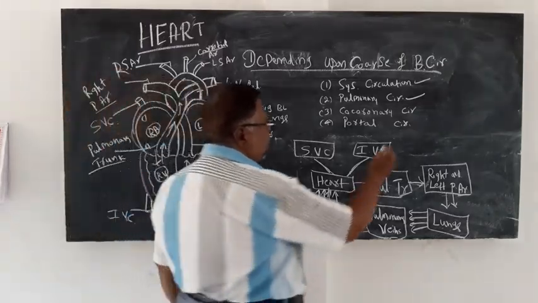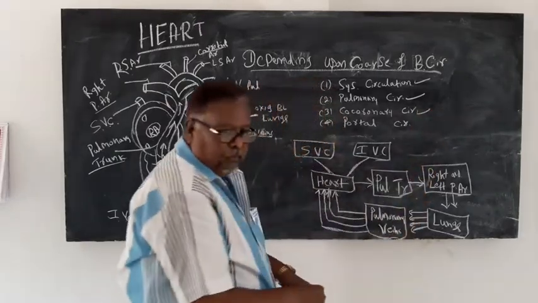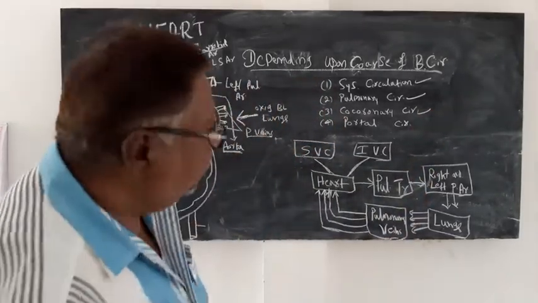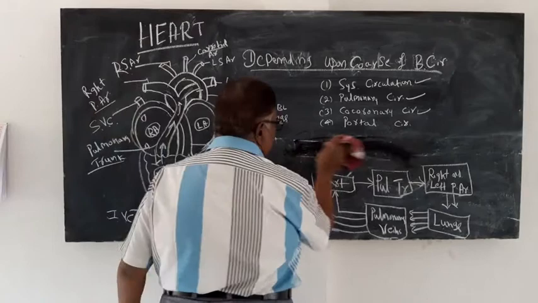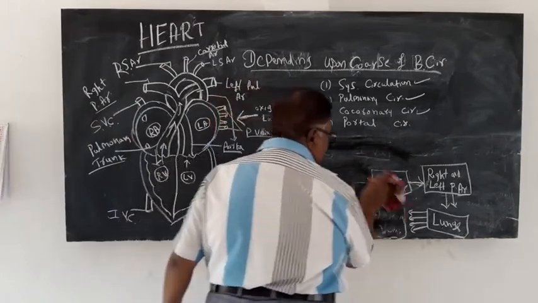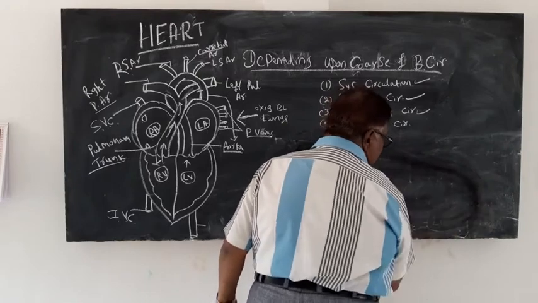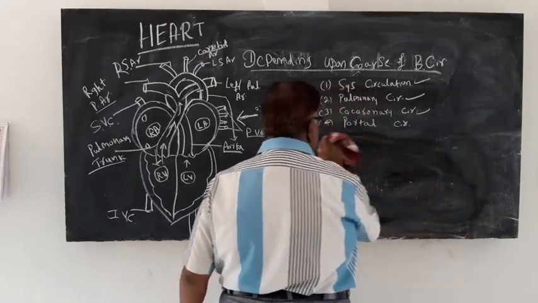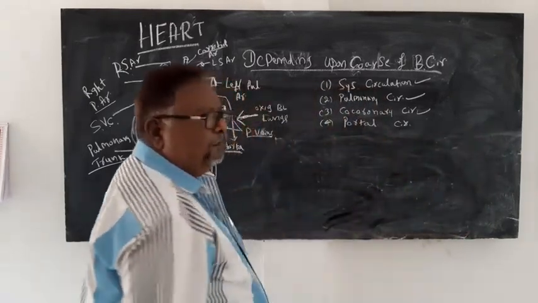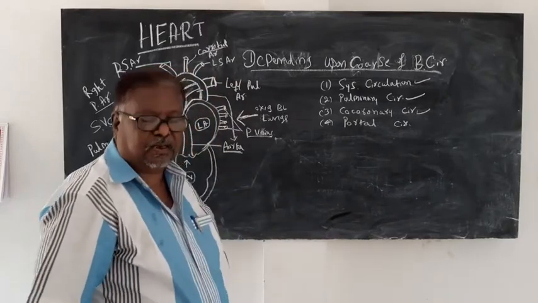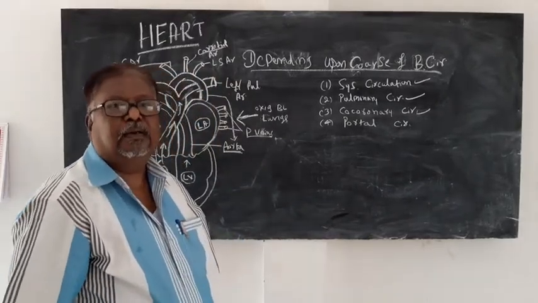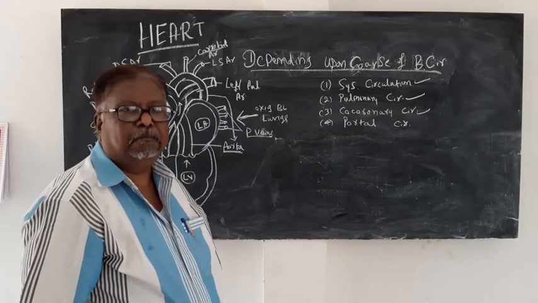Coming to the coronary circulation. The heart is an organ which works throughout the life. I have already told, when the life starts, then the heart starts its working.